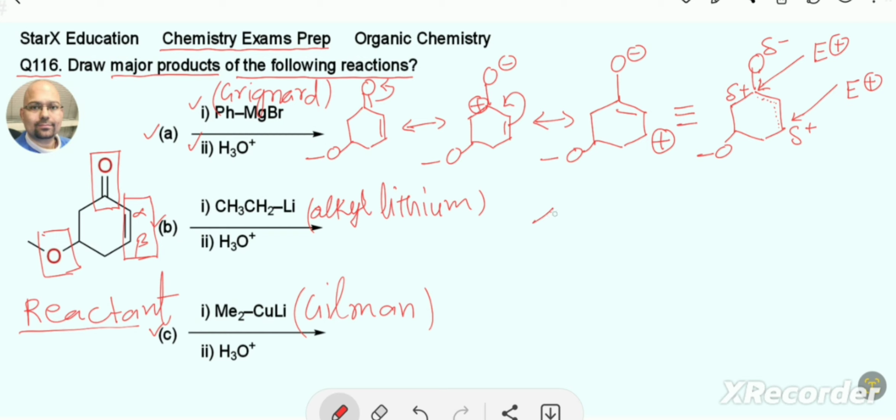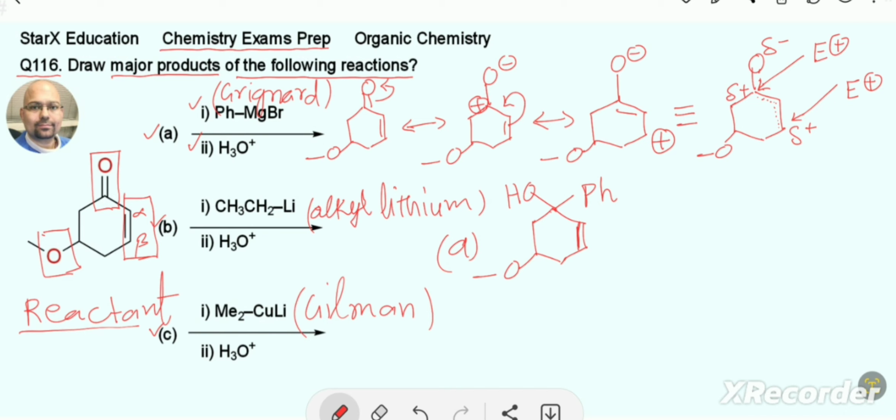So the first one's product would be the direct addition of the Grignard's nucleophile to the carbonyl carbon here, and the ether group remains the same, so does the alkene group. Nothing happens to the carbon-carbon double bond, and this reaction occurs this way because Grignard reagents are hard nucleophiles.